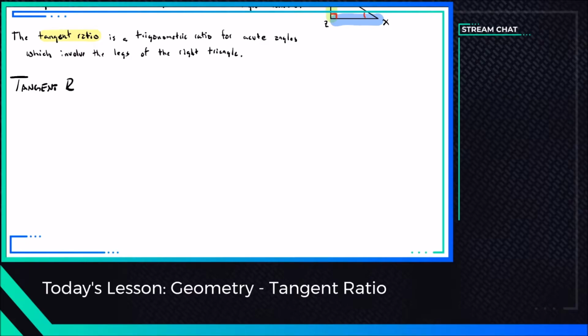We're going to call this the tangent ratio definition.